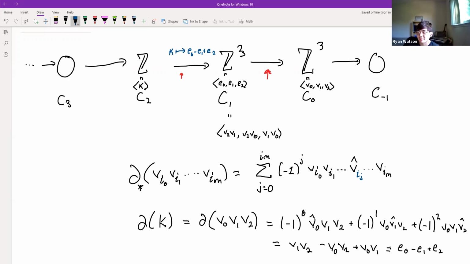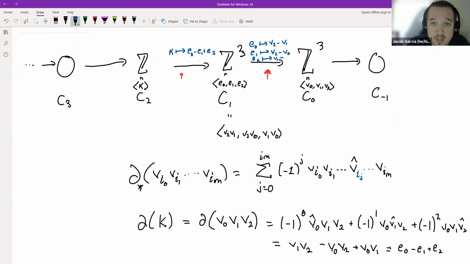Well, V2, V1 just sent to V2 minus V1, and the same thing for all the other edges as well. Yeah, exactly. In the way you've written them, it's the first vertex minus the second one. V1 minus V0.